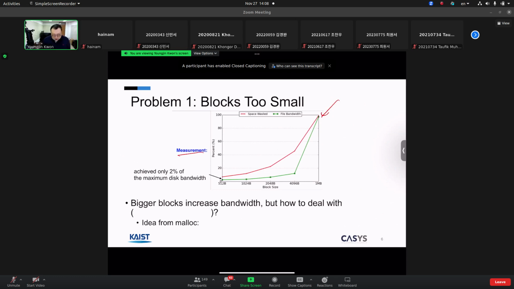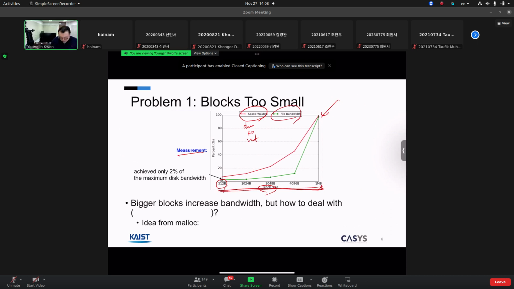It's simple. They increase the size of the block, starting from the original block size of the Unix FS. They measure two metrics. One is space wasted due to internal fragmentation. The other is bandwidth, so disk performance.